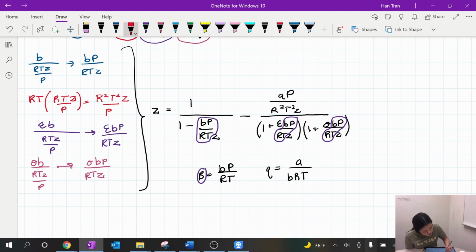But we do see that we have a super messy numerator of this term. So let's see if we could just try to simplify it, maybe using Q, maybe using beta, we're not sure yet.